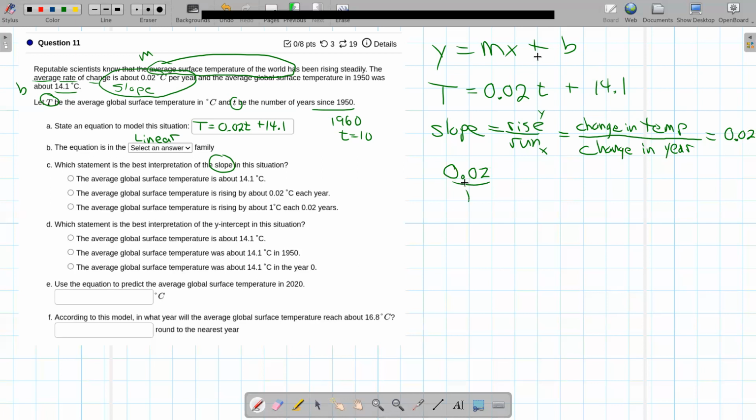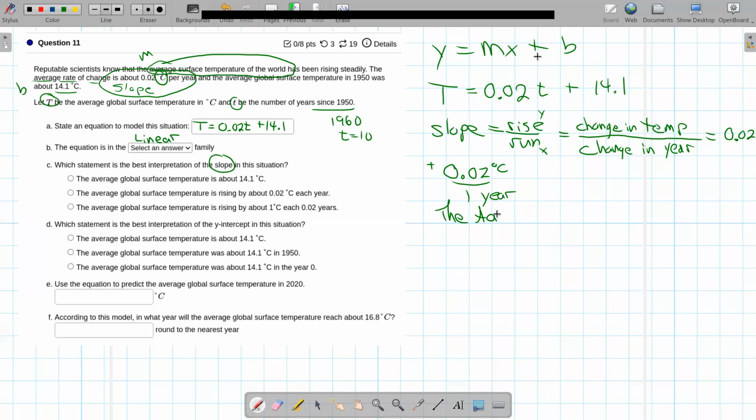Okay, so numerator, change in temperature. Temperature is the average surface temperature of the world in Celsius. Okay, so that's 0.02 degrees Celsius. And the denominator is just years, 1 year. Okay, so what this tells me is every year, since these are positive, the temperature is increasing by 0.02 degrees Celsius.